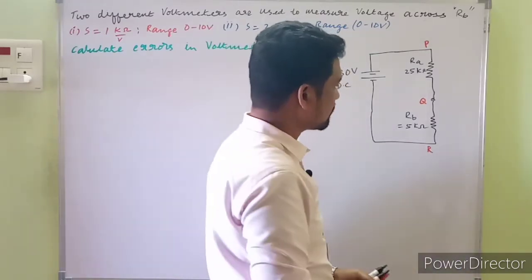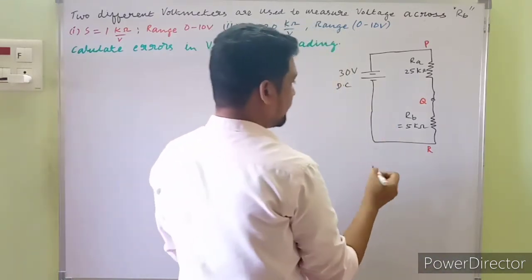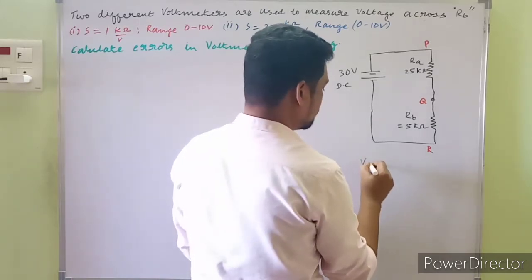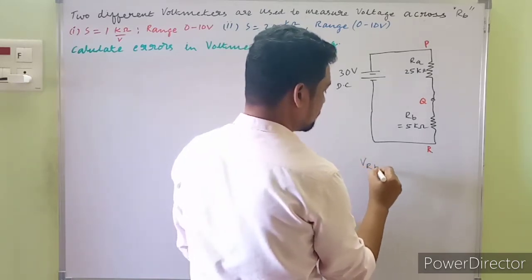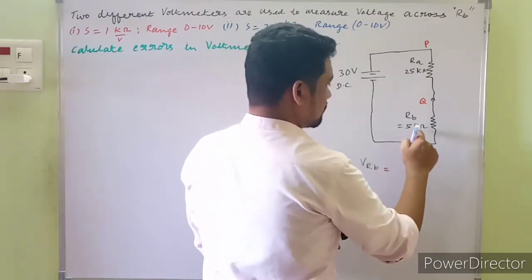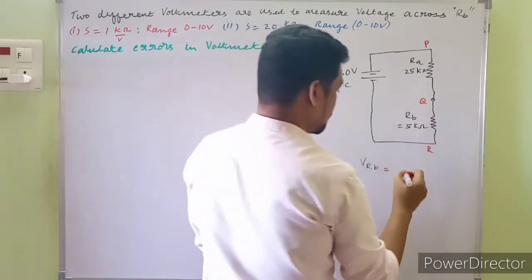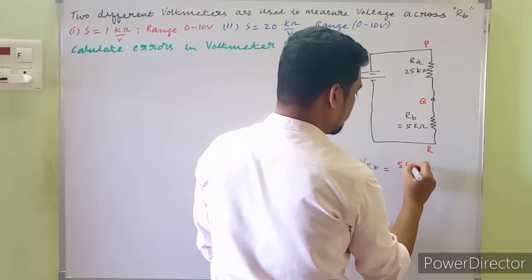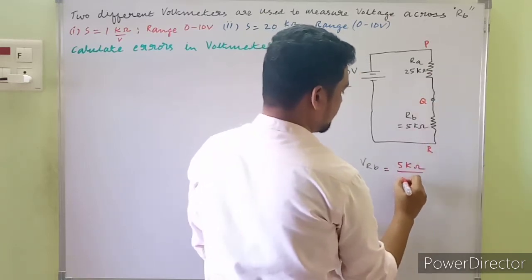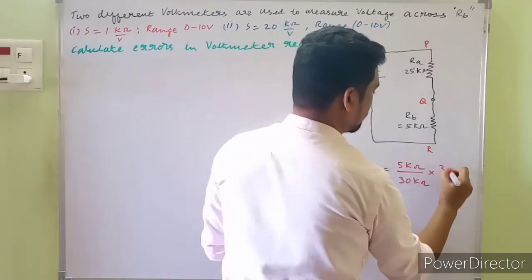What would be the drop across RB making use of the traditional method, the potential divider rule? VRB, the drop across resistance RB, will be equal to the resistance across which we are trying to measure the drop, 5 kilo ohm, upon the total resistance, 30 kilo ohm, into the supply of 30 volts.